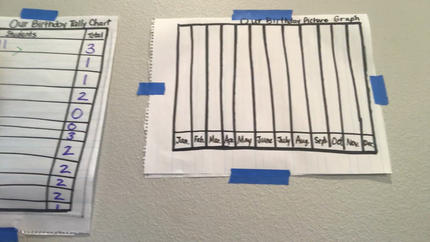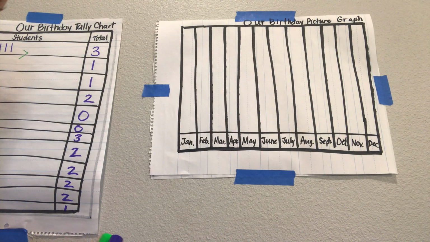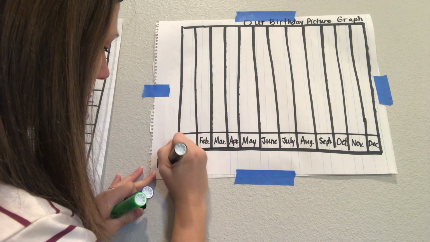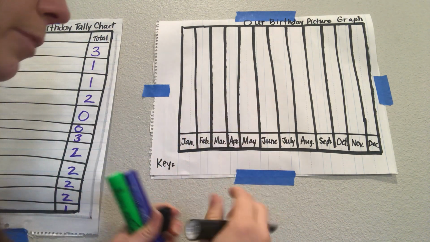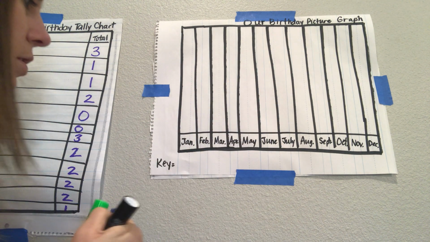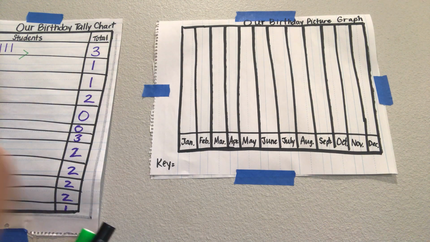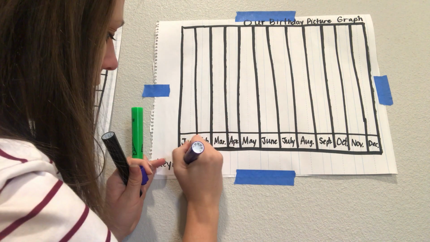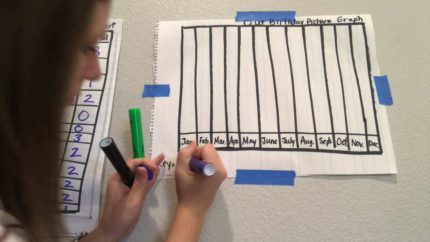One more thing that we need to add to our picture graph is the key. Remember, a key tells us that each picture represents a certain number. So my pictures for this birthday pictograph, we'll just do a circle. It's not a very good circle.